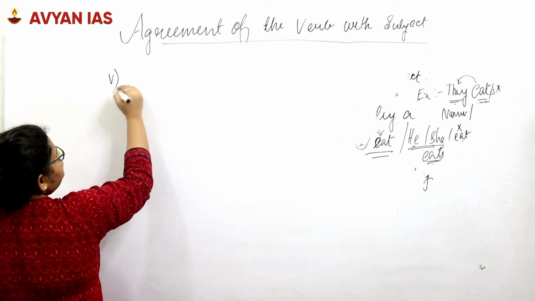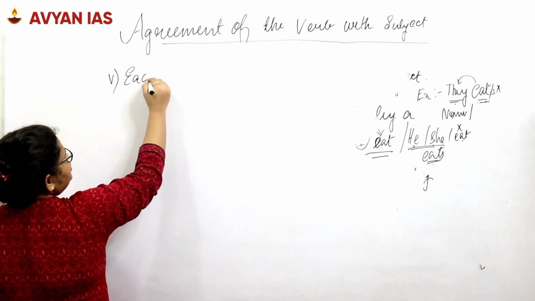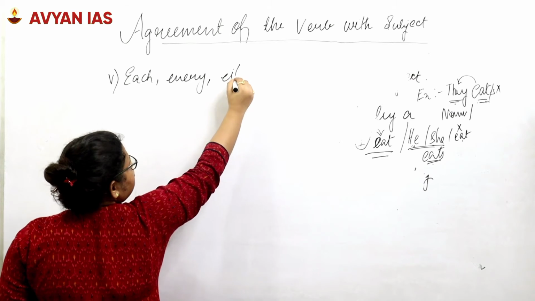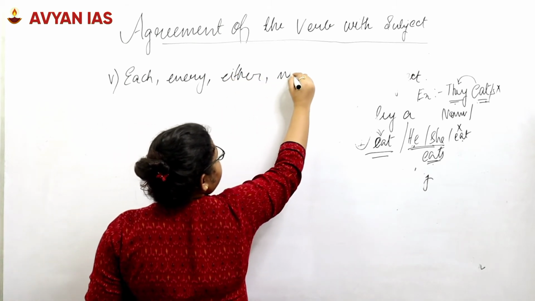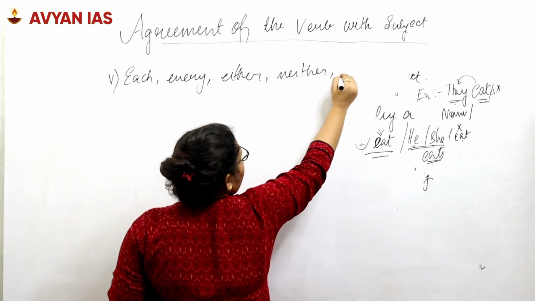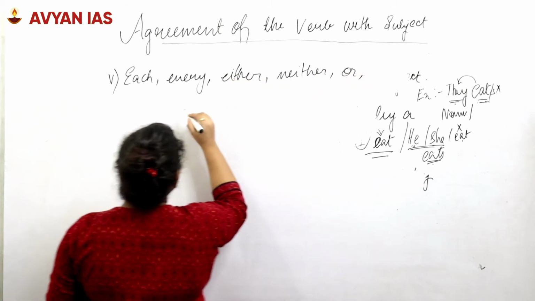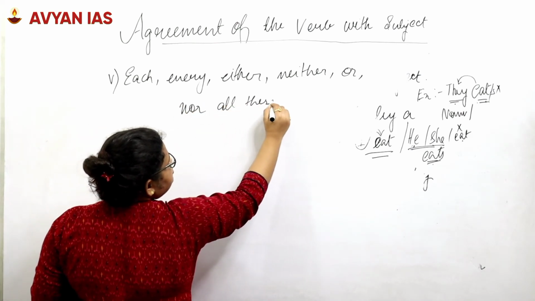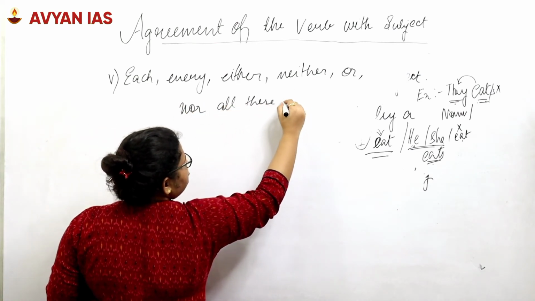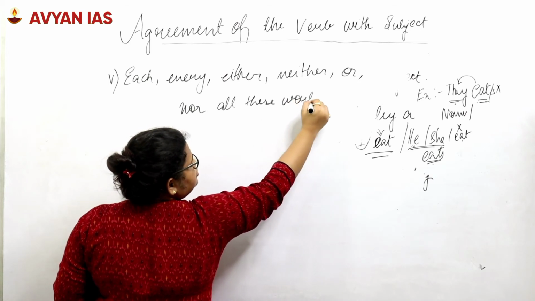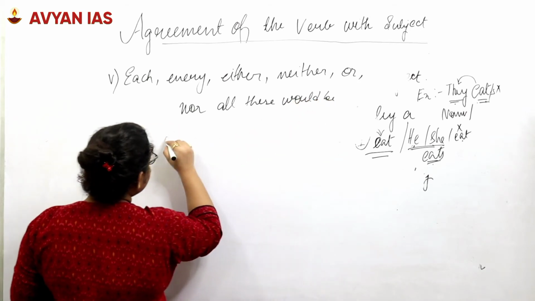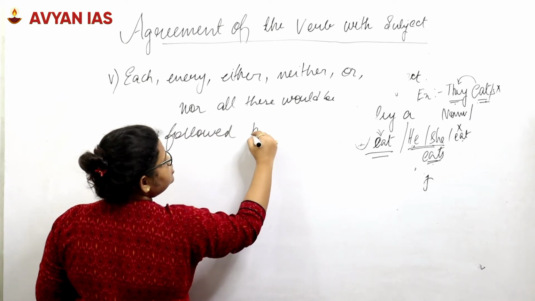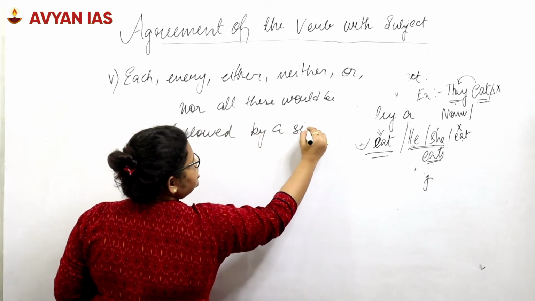The next rule that we would come to is each, every, either, neither, or, nor. All these words, or rather quantifiers, would be followed by a singular verb.